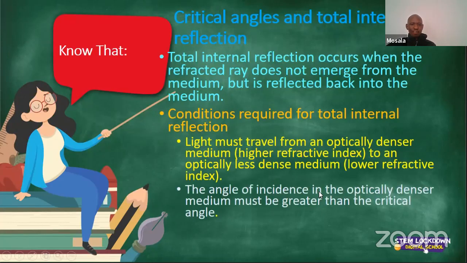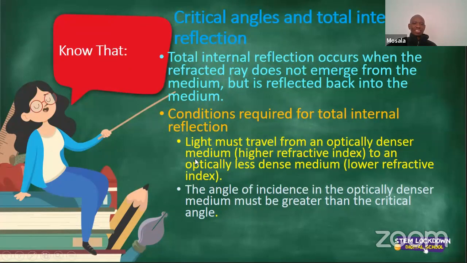The angle of incidence in the optically denser medium must be greater than the critical angle. So there are two conditions for total internal reflection to take place. Remember that total internal reflection takes place when the ray does not emerge from the medium, but is reflected back into the medium.